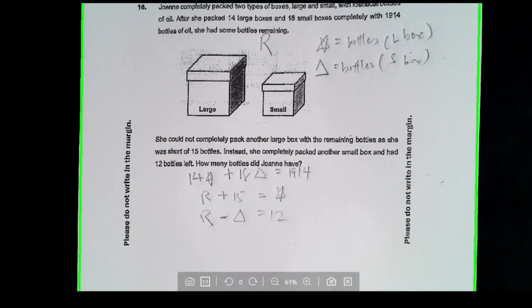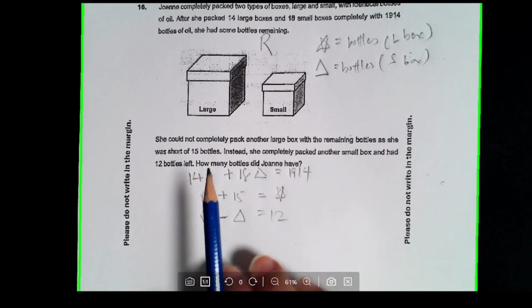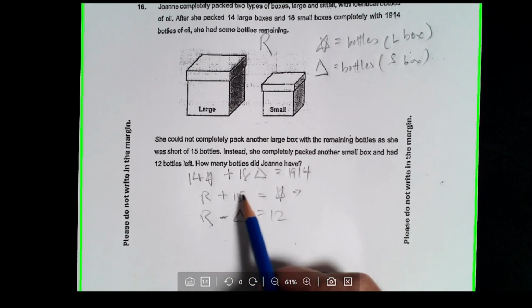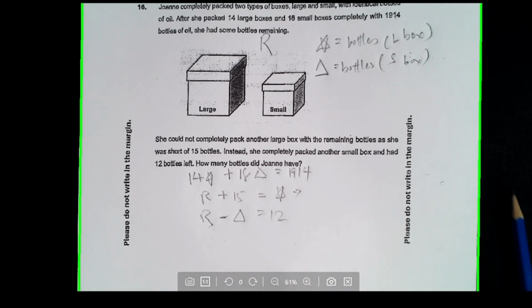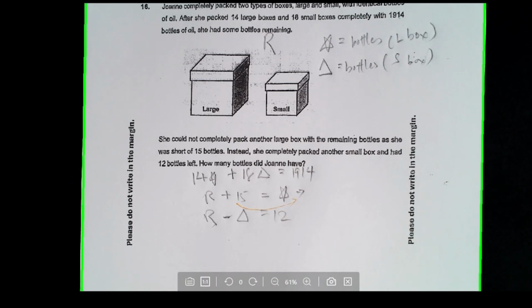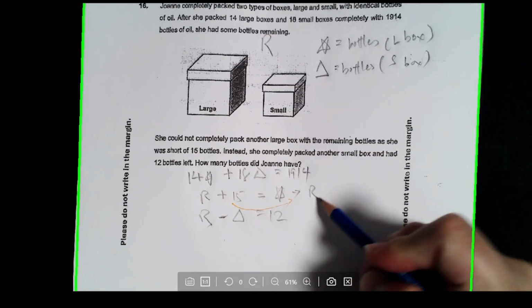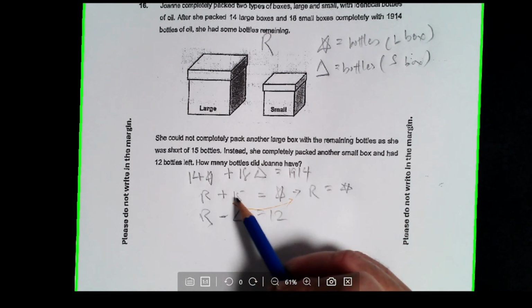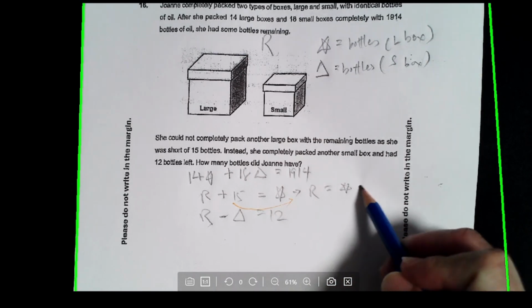So, looks complicated. Let's try to get rid of R. Let's put R on one side and everything else on the other side. So this one will simply jump over. 15 will jump over. So what do you get? You get R equals to star plus, if you jump across an equal sign, will become a minus.